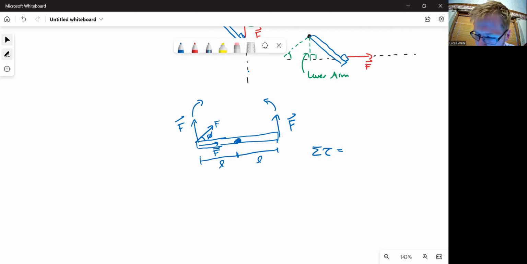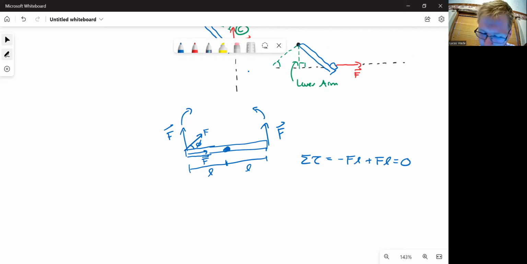To be specific, the one on the left produces a clockwise torque, so negative FL, plus the one on the right produces a counterclockwise torque, which is a positive FL, that equals 0.